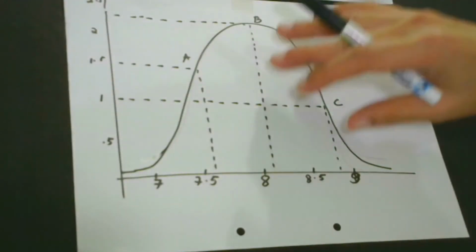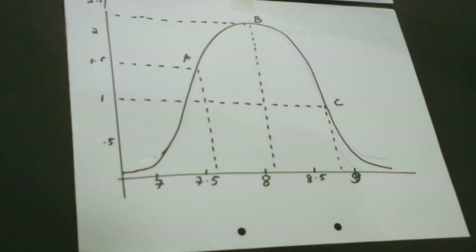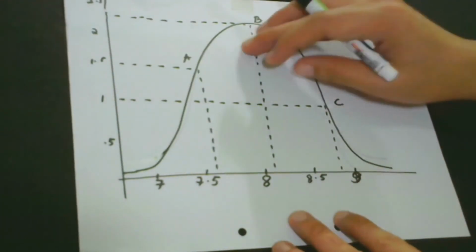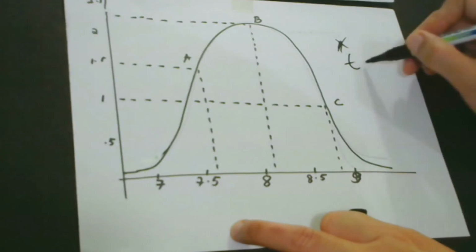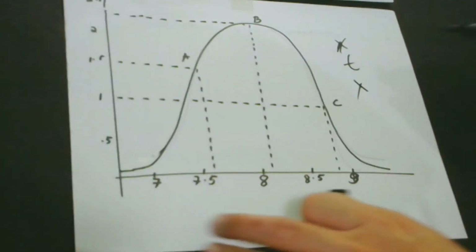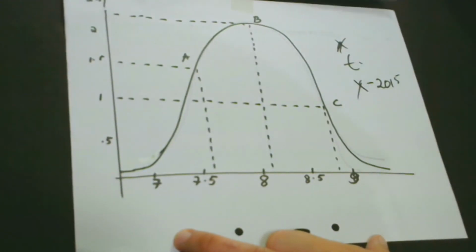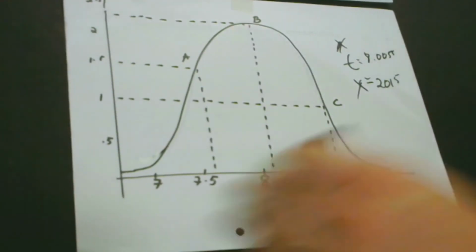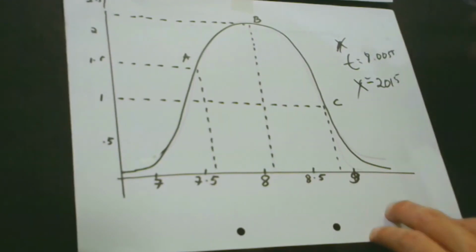Okay, so this means that the height of the curve at a certain value tells us how likely it is that we would observe a certain value of t for a certain value of x. So for example, for 2015, the value is 8.0055. So this means that for 2015, the total sales performance would be 8.0055 million.